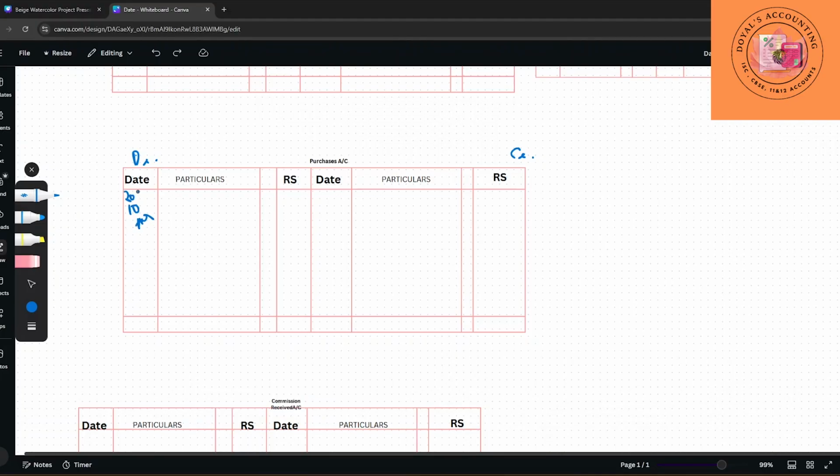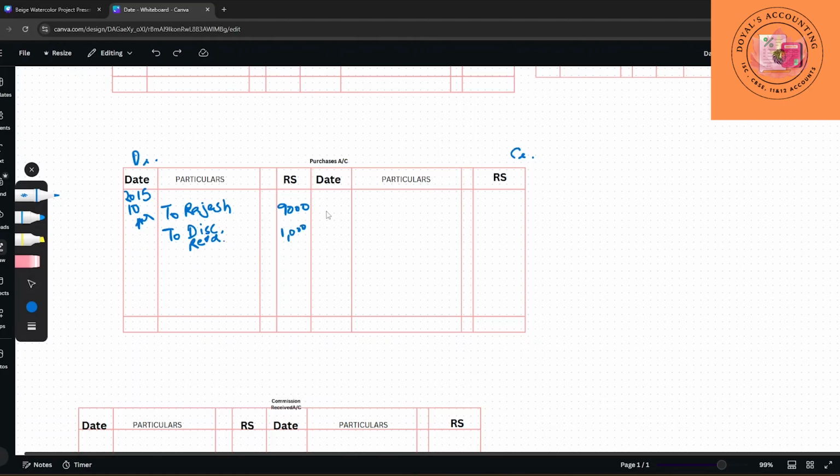Don't forget to write the year 2015. Purchases to Rajesh account 9,000, to discount received account, I'm writing it in short form, 1,000 rupees.